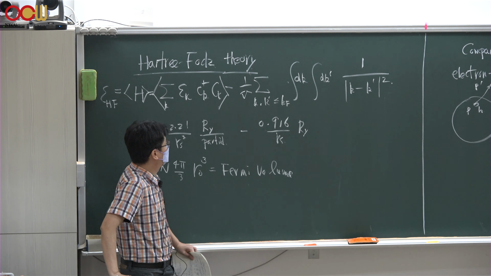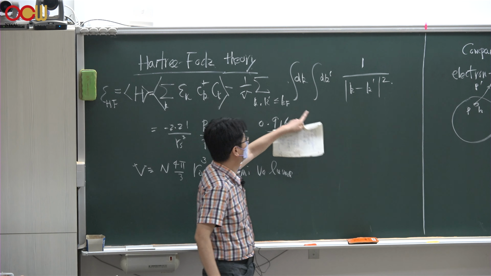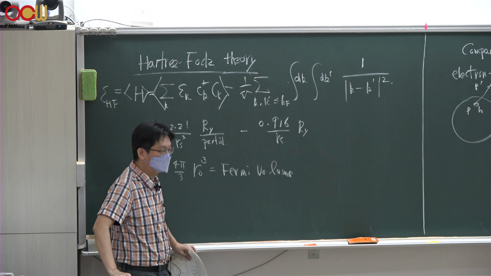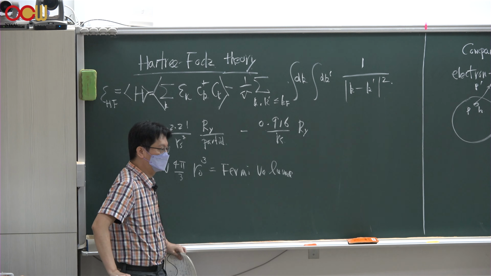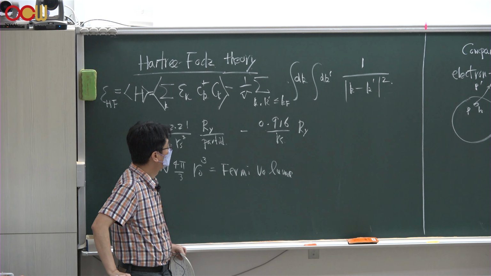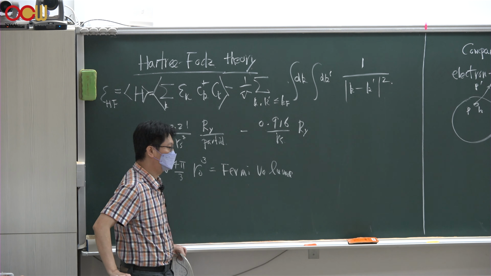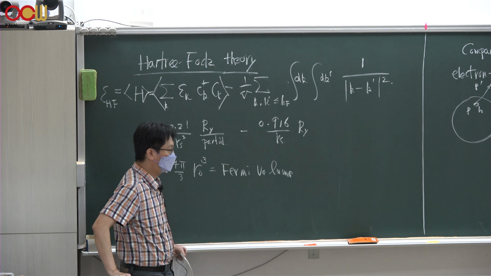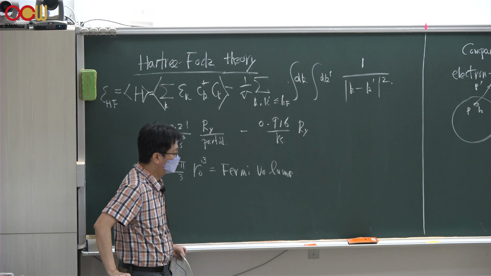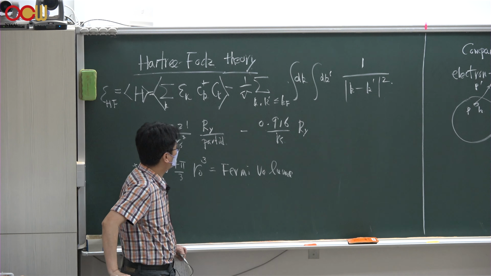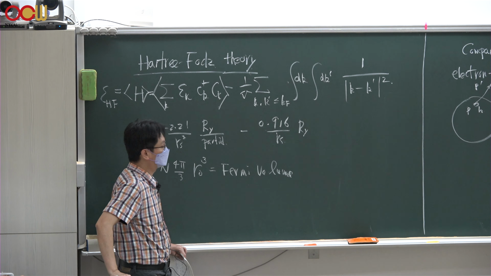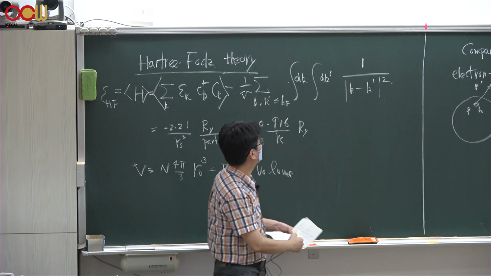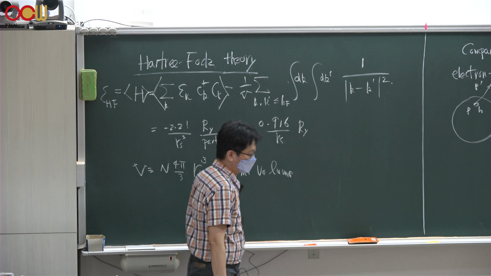So last time we calculated the Fock term of the Hartree-Fock energy, which is the Coulomb potential energy by Hartree-Fock approximation, meaning we consider this H0, which is a non-interacting Sommerfeld gas, as the unperturbed eigenstate of this Coulomb interacting electron gas, and then we perturbed around this unperturbed eigenstate by treating this Coulomb term as a small perturbation.